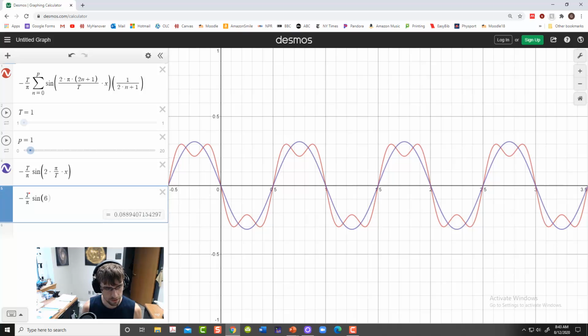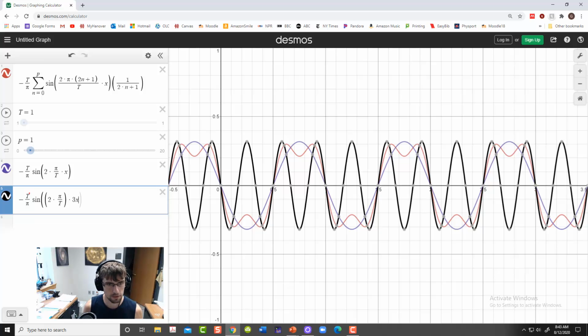So it'd be 6 times pi. Well, let's write it like this: 2 times pi divided by T, and then times 3x. So that's that black line. And what's going on here?